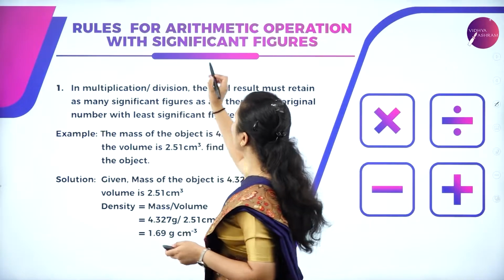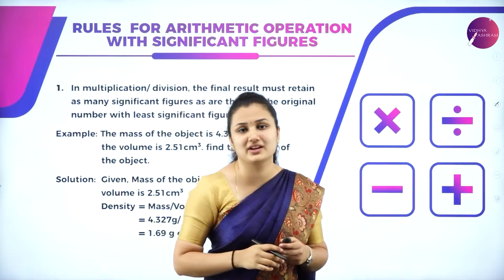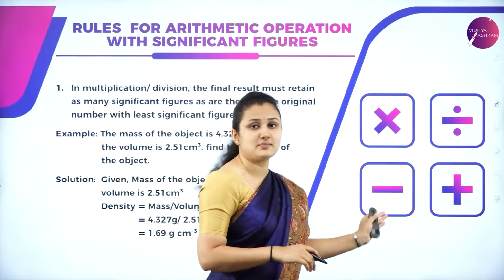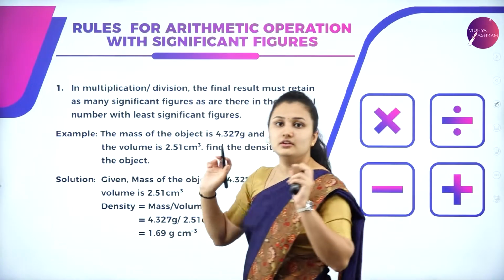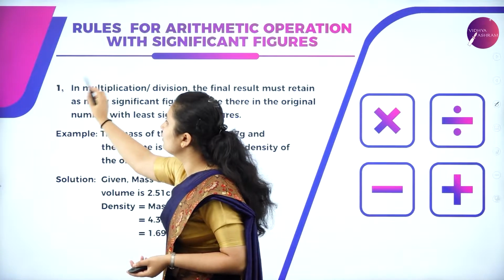You have rules for arithmetic operations with significant figures. Arithmetic or mathematical operations, that is multiplication, division, subtraction, addition. When you do all these things, there are rules you have to follow with significant figures. So what is my rule 1?